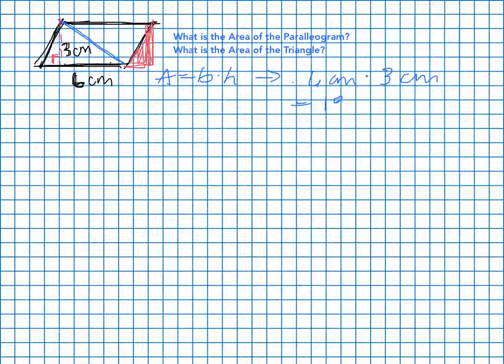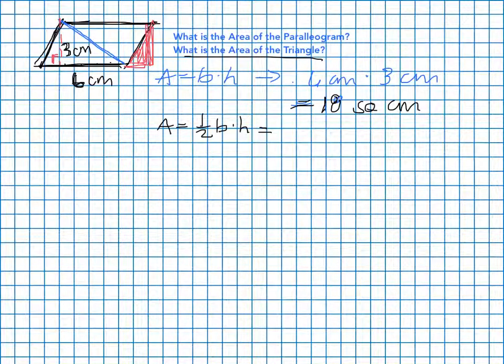I'm going to switch to black because this is hard to see. Our area is going to equal 18 square centimeters. Now, to answer the second question, what is the area of the triangle? The formula for the area of a triangle is area equals 1/2 base times height, or you could also say base times height divided by 2.